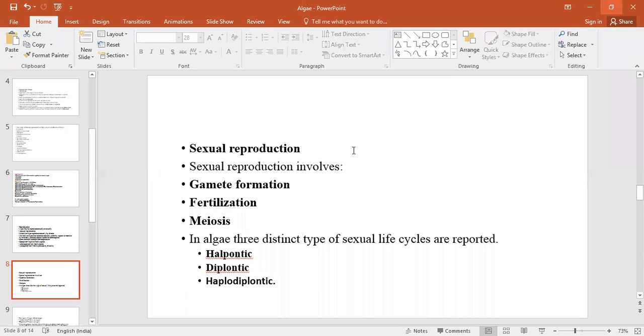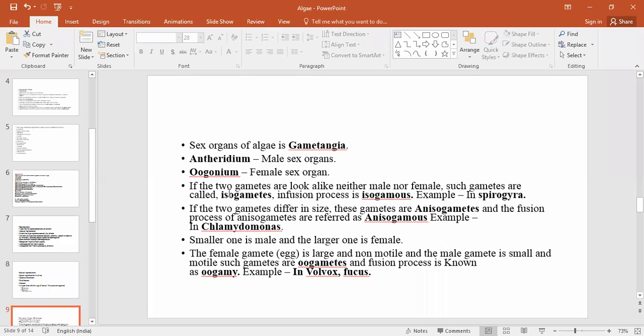In algae, when they reproduce by the sexual mode, three different types of life cycles are observed. The first cycle is haplontic, second one is diplontic, and third one is haplodiplontic.